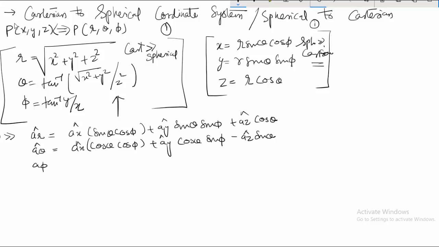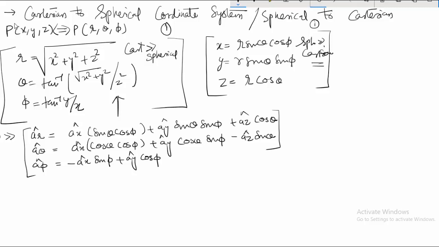And A phi unit vector can be represented as minus AX sin phi plus AY cos phi. So this is how you are representing the three unit vectors.